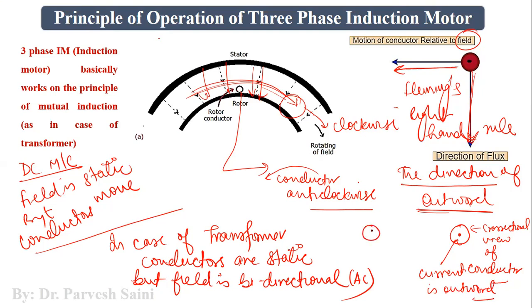If we have a cross, then the current is inward. It is going into the conductor, and here it is coming out of the conductor, so the current is outward, right?